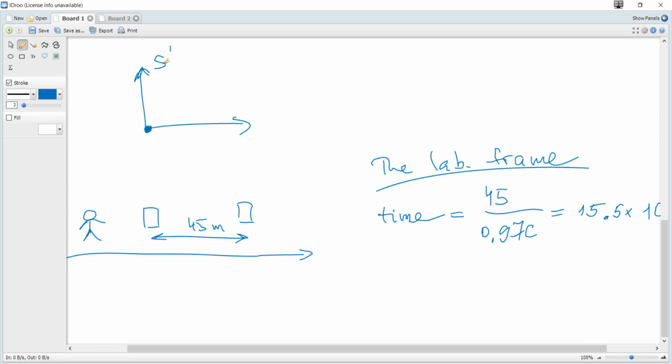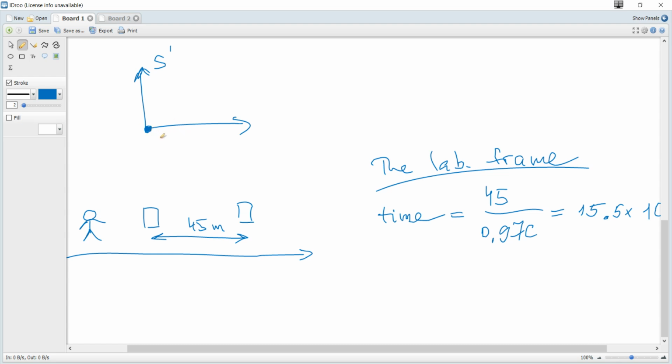So we need time in the moving reference frame, like a time interval in a moving rocket in general, and it will be proper time. By definition, proper time is the smaller value, and it's a time in a reference frame in which two events take place at the same point.